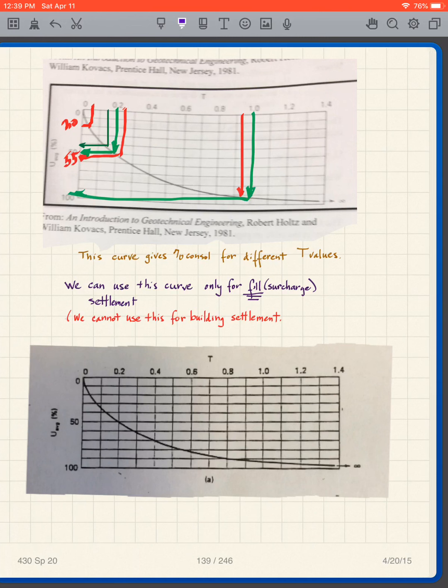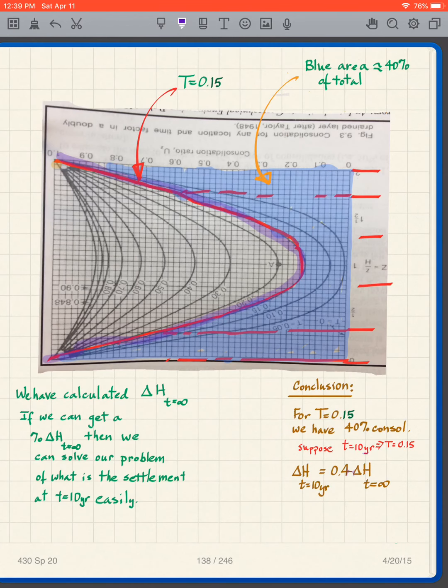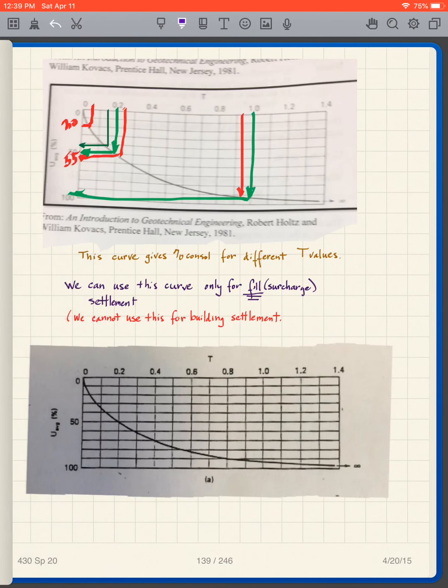So in other words, people have taken the areas. People have figured out all these areas for the different T's, and they come up with this solution curve. All I have to do then is to get my big T. Say if my big T is 0.4, then I go over here, I have 70% consolidation.